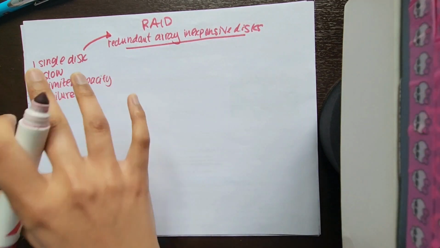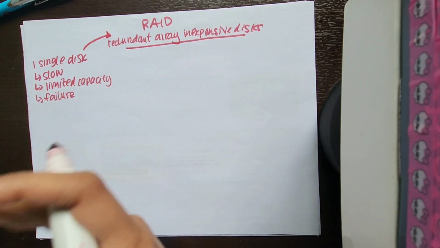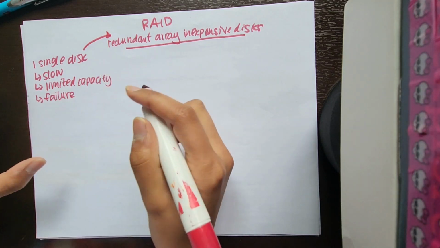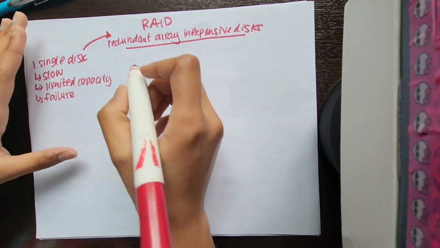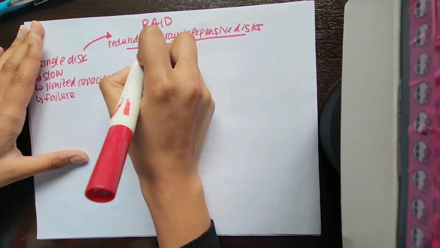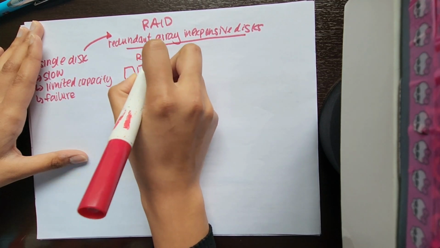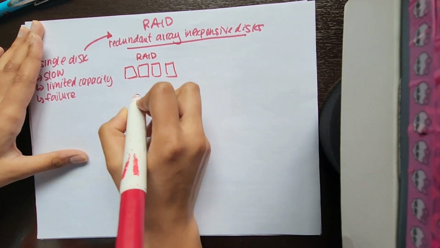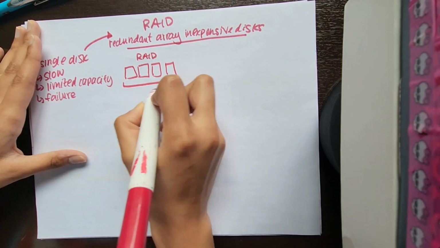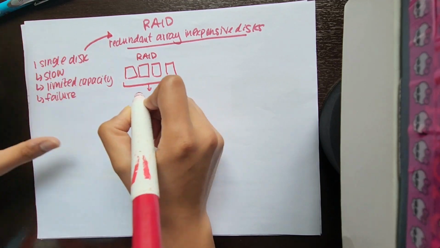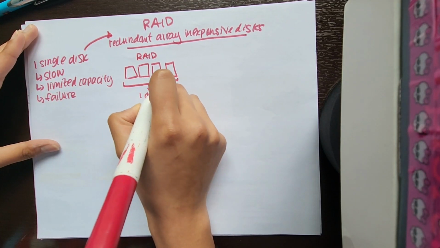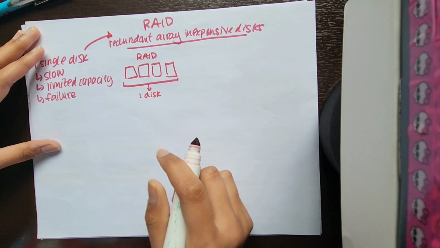Inexpensive just means smaller capacity, smaller disks, and just use more of them, right? So for RAID, you could have 1, 2, 3, 4 disks, which operate as a single disk logically. It would appear as one disk, but underneath the hood, it's really just 4 disks, right?